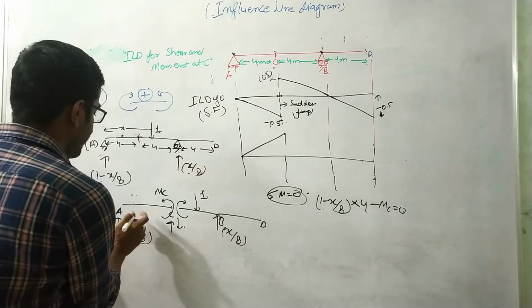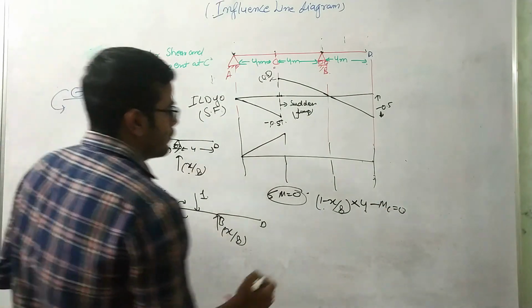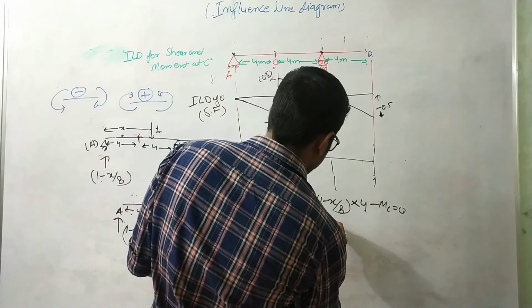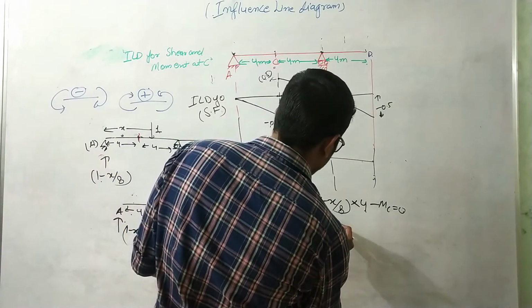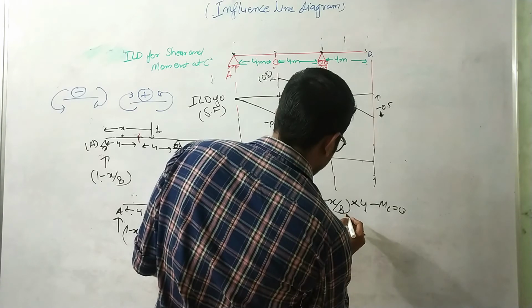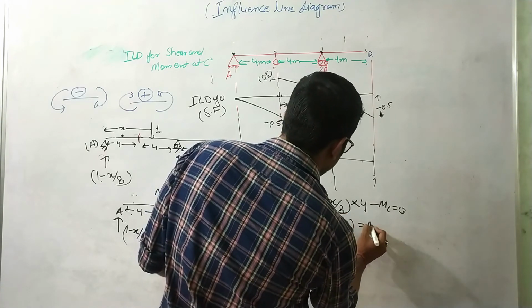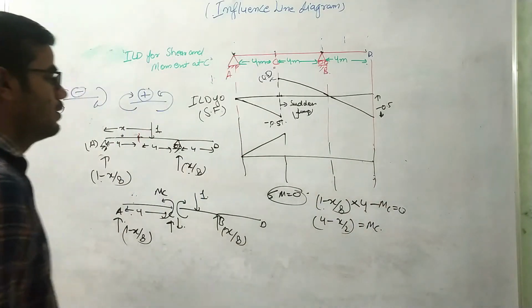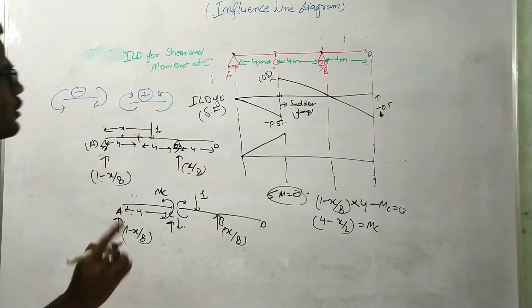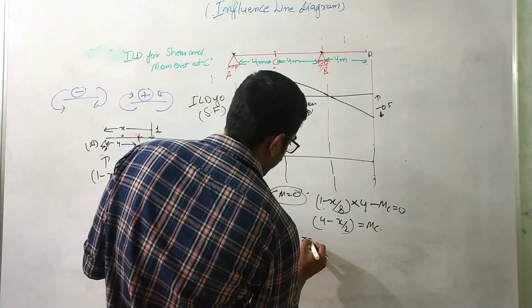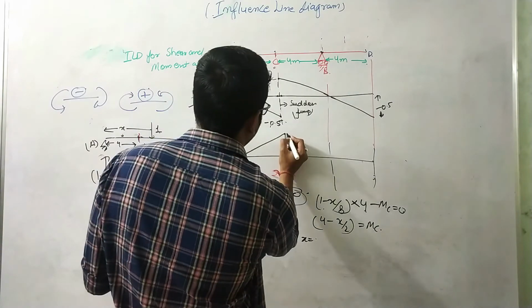This is (1 minus x by 8) into 4. So the value is 4 minus x by 2 equals MC. So when x equals 4, the value is nothing but 2.